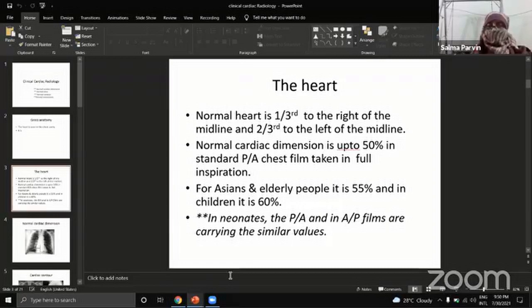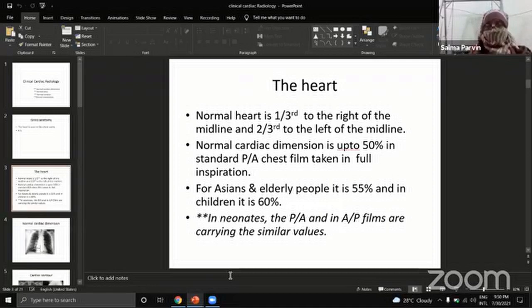Otherwise, you the clinician are going to make a mistake, and I, the radiologist, am also in moderation about whether there is anything else behind the cause of this poor inspiration. So mistakes may play a role in between.